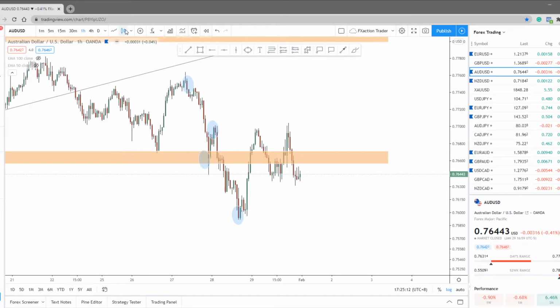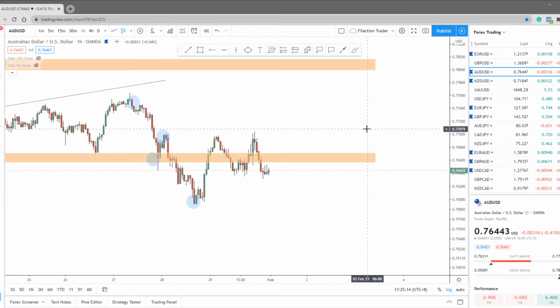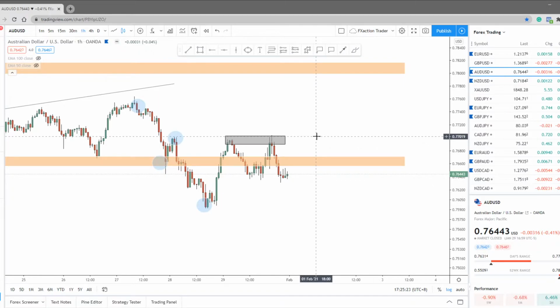So what do we have on the candlestick chart is we can clearly see that there is a double top formation here. I will consider this as a double top formation, and also we have a trend line break. So what are we going to do next?